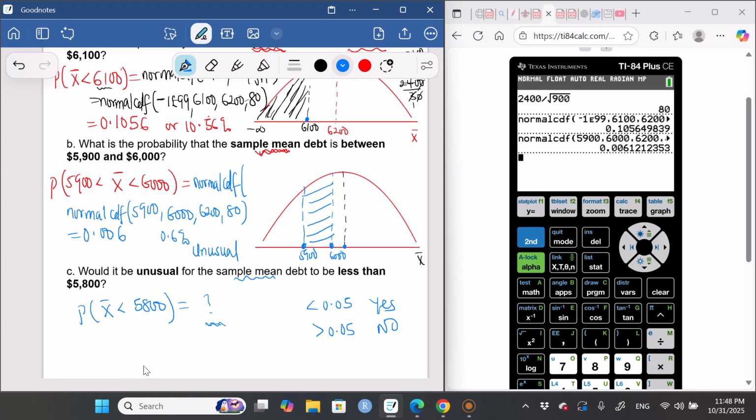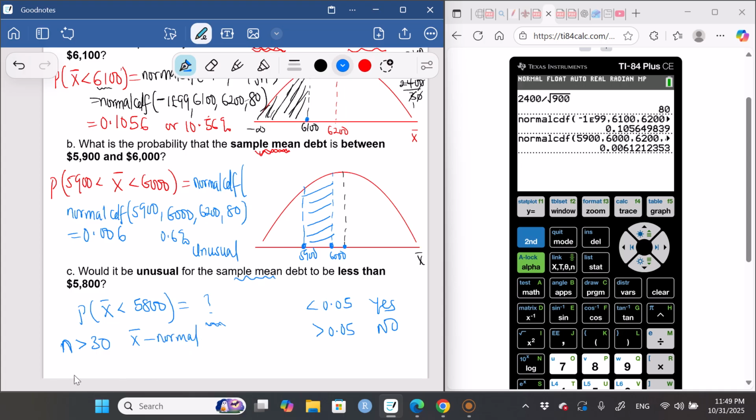But I would like to say something here. For us to use the x bar as a random variable or to assume normality, there is a need for two conditions. Condition number one is that your sample size n must be large, that is greater than 30. If n is greater than 30, then you can assume your x bar to be normally distributed.